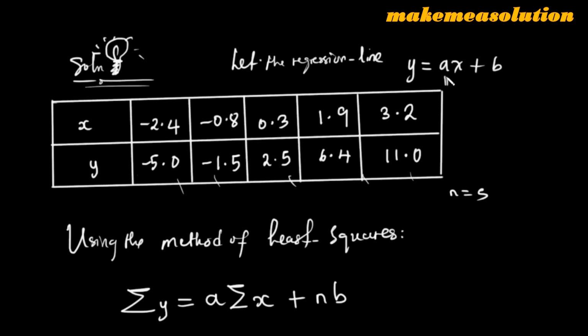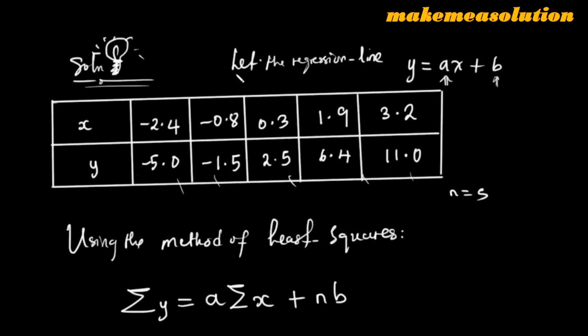Basically, you want to find the coefficients a and b that will best fit this situation. The old way of doing it is to plot these values on a graph, then use your hand to determine the slope and the intercept. That could be almost accurate, but using the method of least squares, you will find a more accurate depiction of the values a and b. So get this very well.